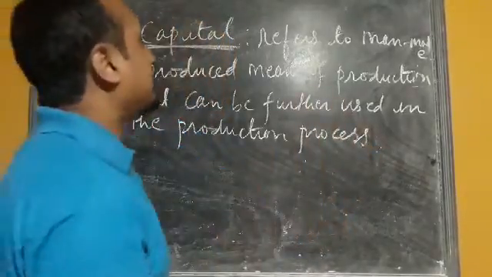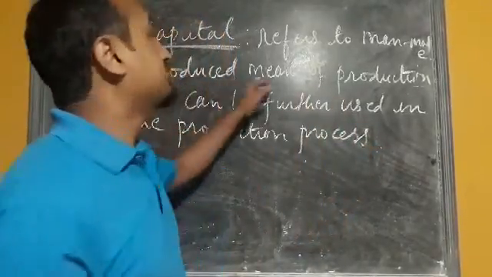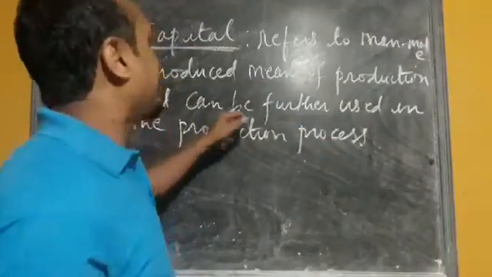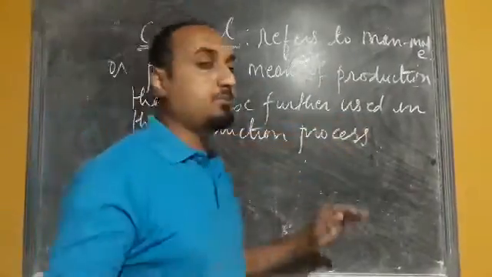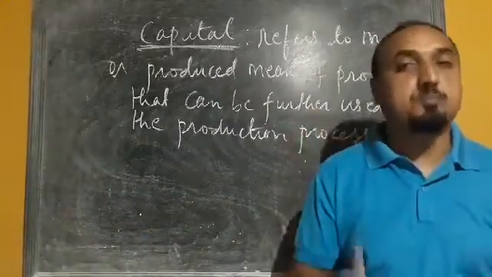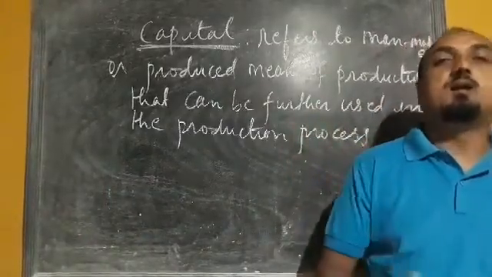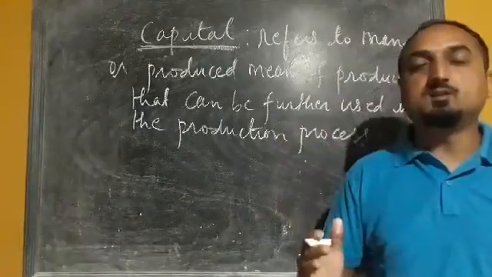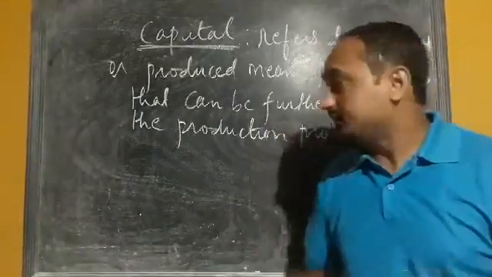So capital refers to man-made or produced means of production that can be further used in the production process. Whatever the machinery, equipment, tools, buildings, factories, vehicles, these all are part of capital.